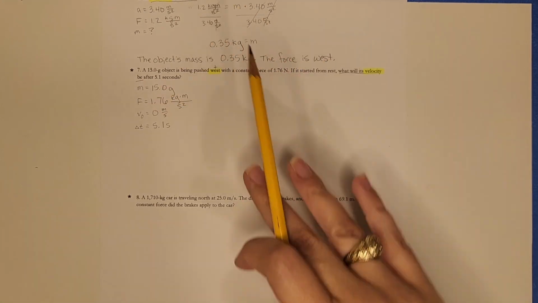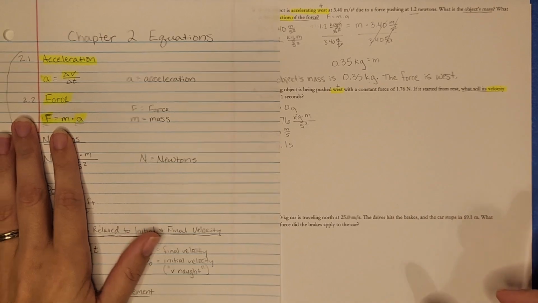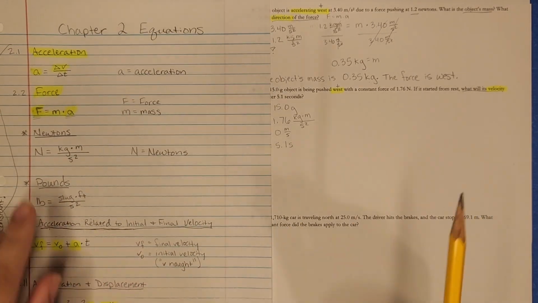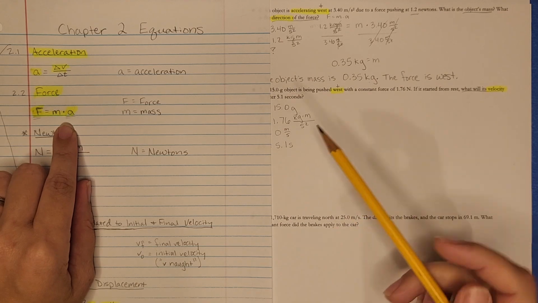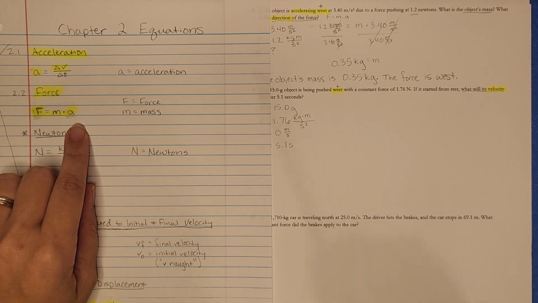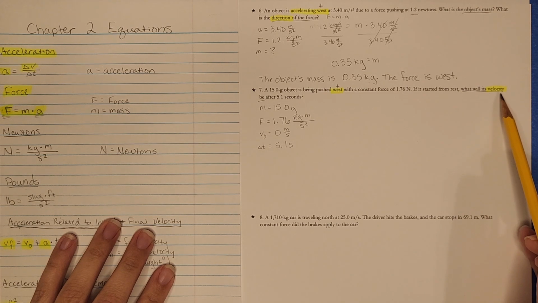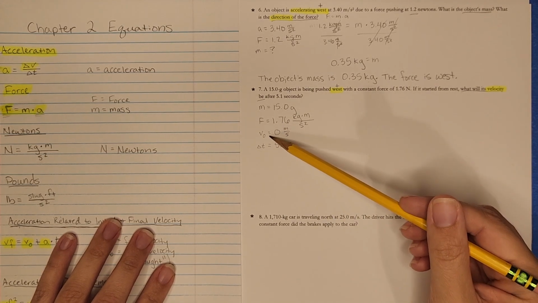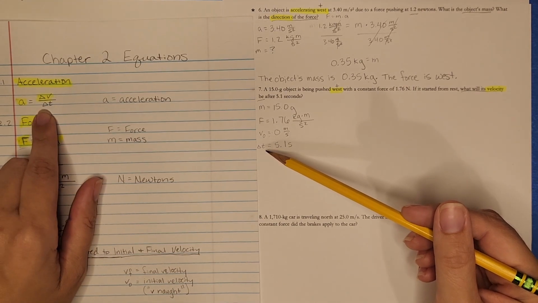and those go into the only equations I have to work with that is this right here, this force equation. And so I can find out the acceleration there, but that's not what it's asking me for, right? It's asking me for the velocity. And I have the initial velocity, and I have the time, total time.